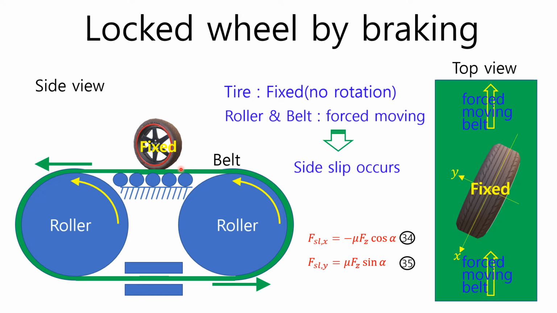At this time, since the side slip occurs due to the rotating belt, it can be visually seen that the component forces in each actual direction can be obtained by equations 34 and 35 as described here.